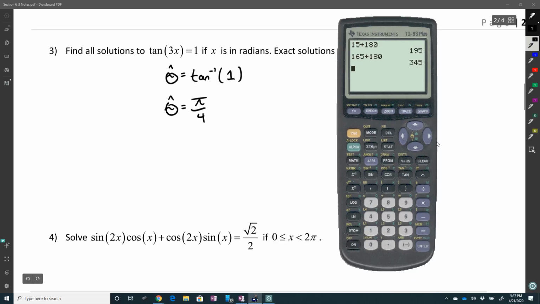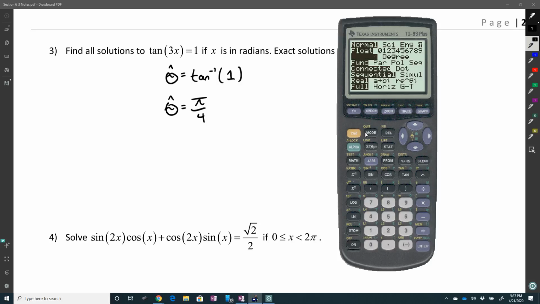And again, you can use your calculator if you want, but it's something that you should know. Oh, wrong one. So you would change your calculator to radians, and then you would do inverse tangent of 1. But then again, that number is kind of hard to use. You have to know that the exact value is pi over 4.